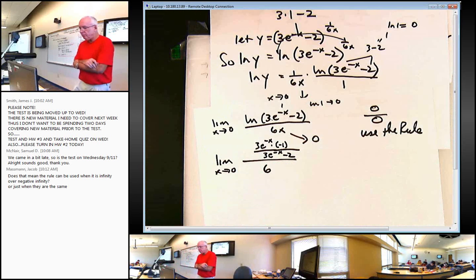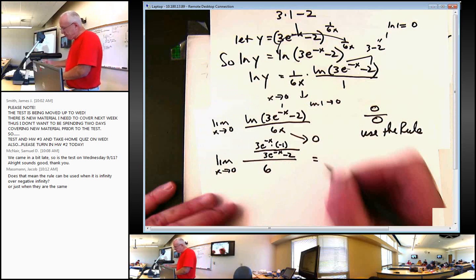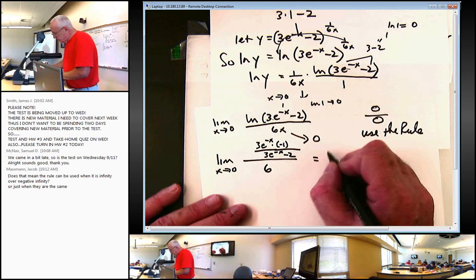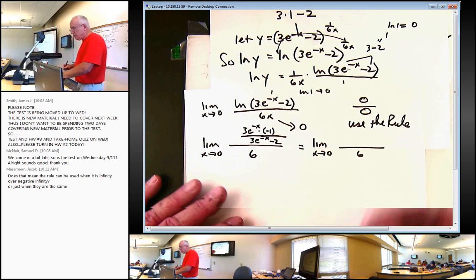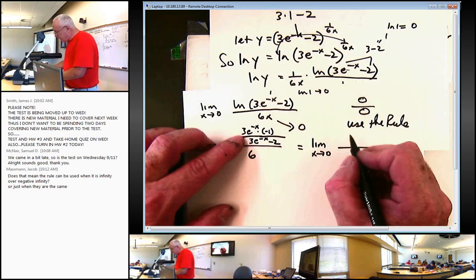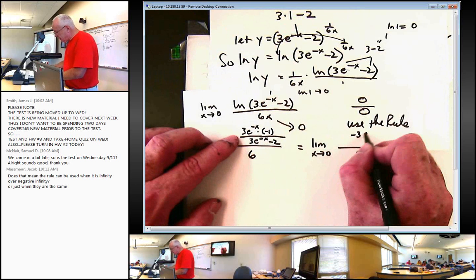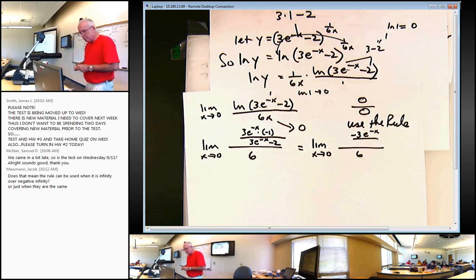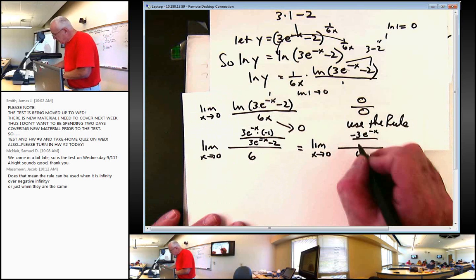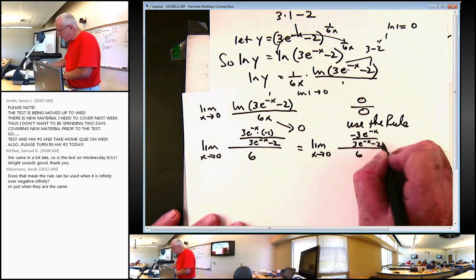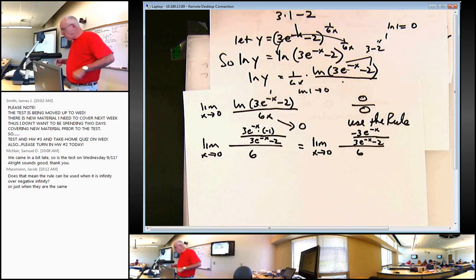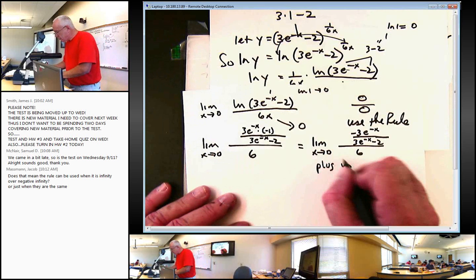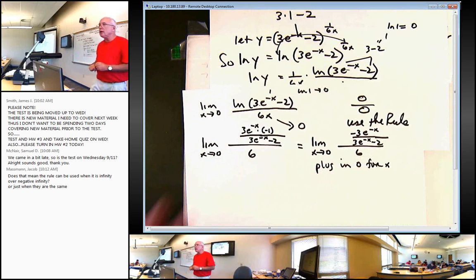All right. Let's clean this up a little bit and see what we've got. So this is the limit as x approaches 0 of 6 in the denominator. In the numerator we have, let's bring the minus over, minus 3e to the minus x over 3e to the minus x minus 2. All right, let's see what happens now when we plug in 0 for x. And it'll work out nicely.